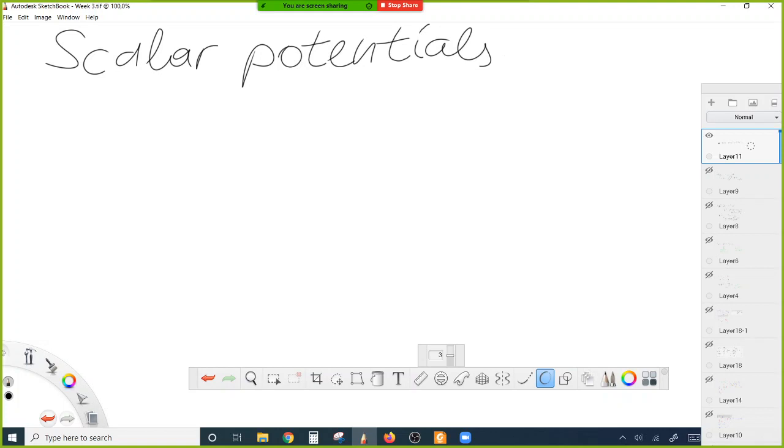We have already discussed the electric scalar potential, and we haven't discussed it, but there also exists a magnetic scalar potential. Regarding Maxwell's equations, two scalar potentials can be defined, which are the electric scalar potential and the magnetic scalar potential.